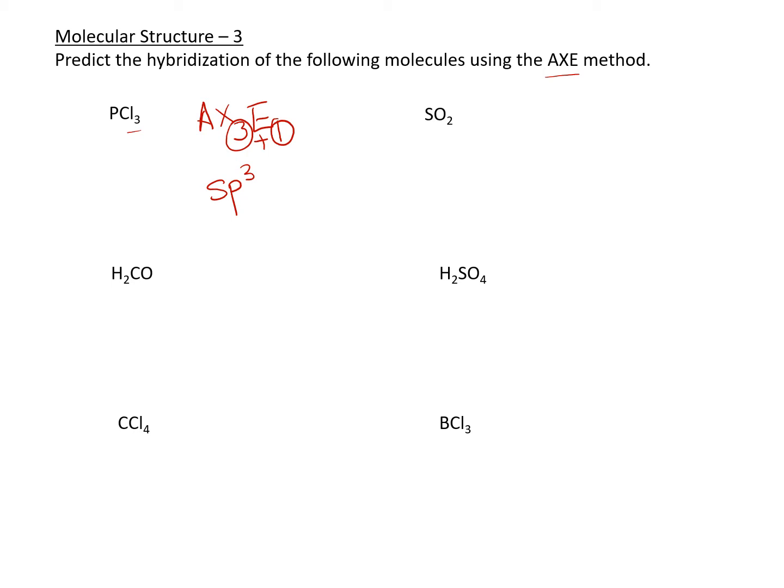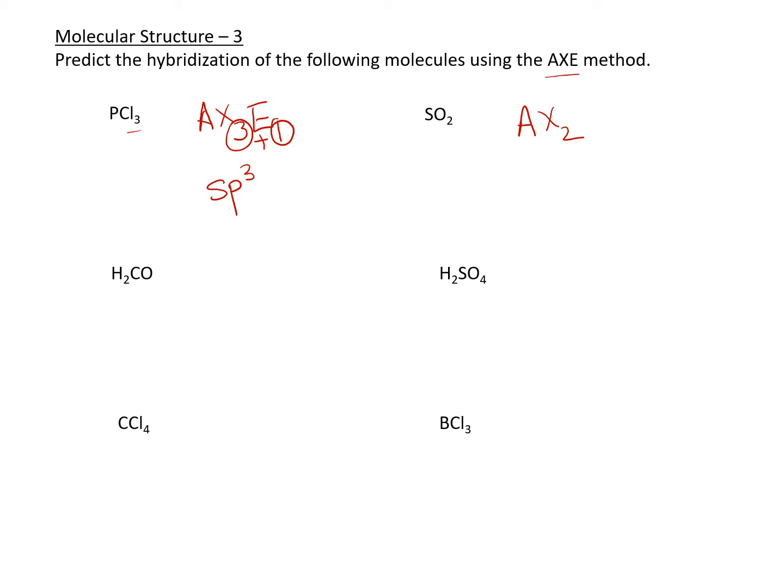There is no other way to do this really quickly using the AX method. Hopefully, as we go on, things will get better for you. Now for the next one, which is sulfur dioxide, I know I have a central atom and 2 atoms over here. I need to figure out if I have any lone pair of electrons left over. Sulfur is supposed to have 6 electrons in the valence shell because it's group number 6. But then it has only 2 electrons left over, because 4 electrons are bonded with oxygen.